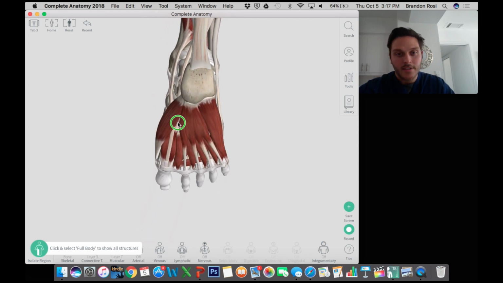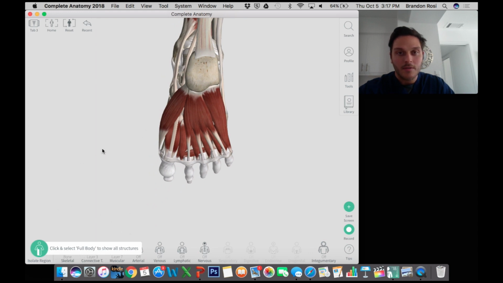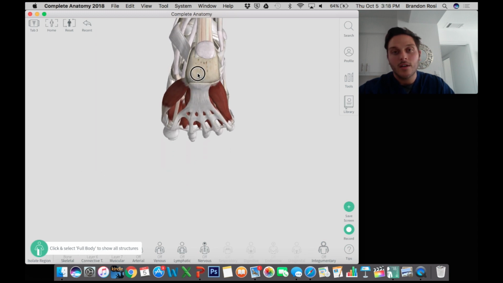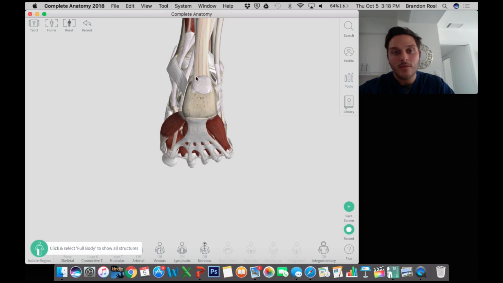So we're going to show the bottom of the foot just a little bit, and let's add the plantar fascia over here. This really thick tendinous structure would be what's irritating the plantar fascia. Sometimes with medial heel pain, it could be here and it could be here.